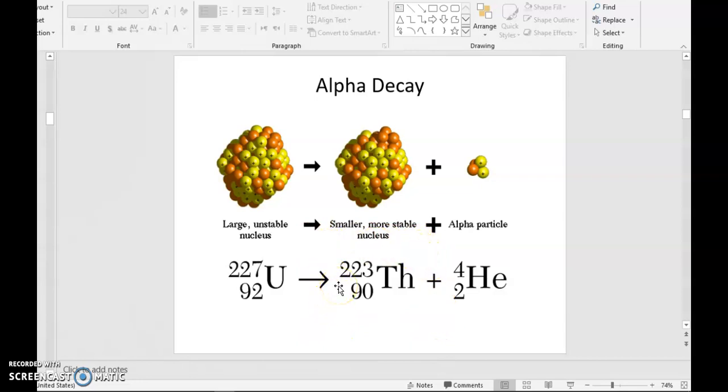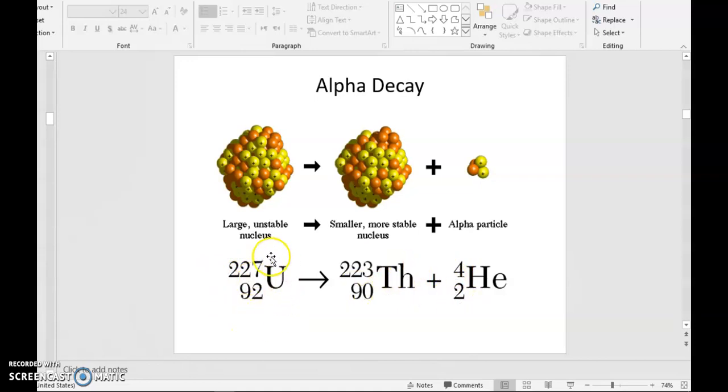To do this, we have a very simple base that we have to learn. Anything before the arrow has to be equal to anything after the arrow. Anything on the reactant side has to equal the total on the product side. So if you add 223 plus 4, it's 227. If you add 90 plus 2, it's 92.